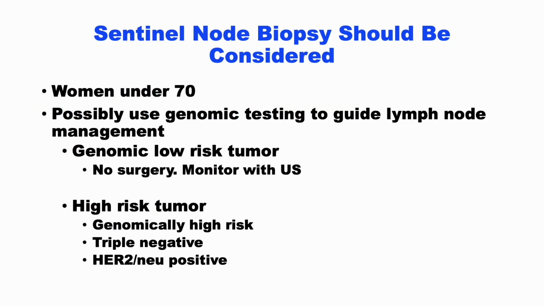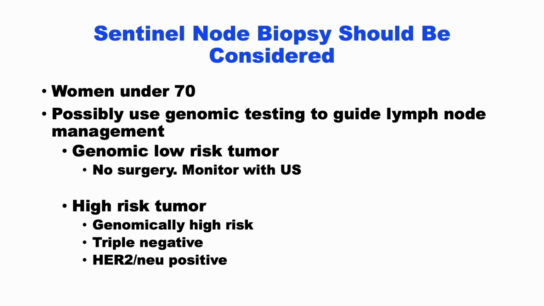On the other hand, women younger than 70 years of age with estrogen receptor positive or progesterone receptor positive and HER2 negative breast cancers and normal appearing lymph nodes should consider undergoing sentinel biopsy.